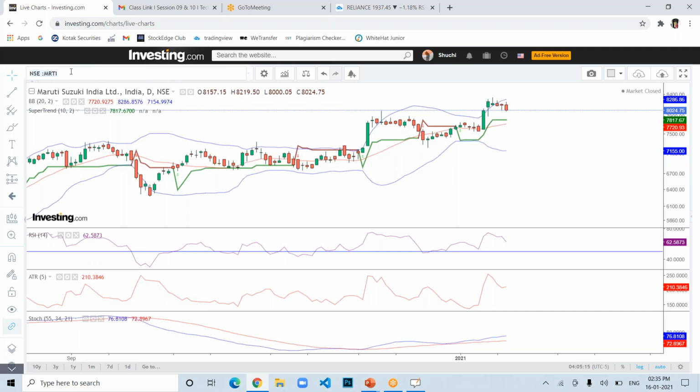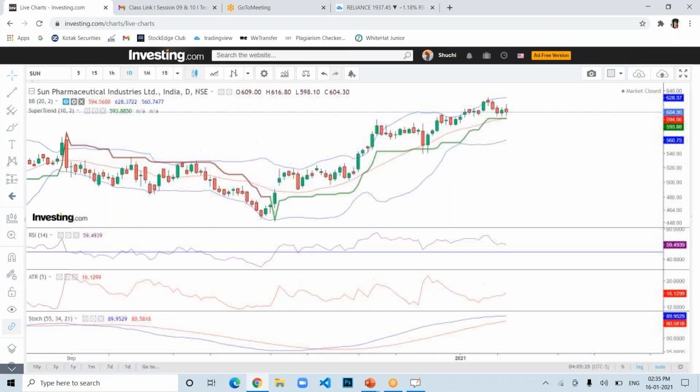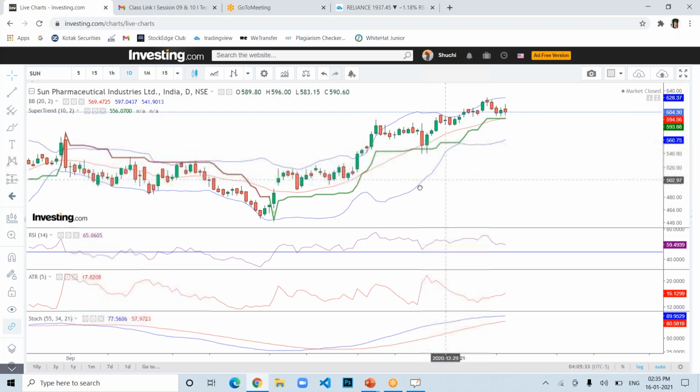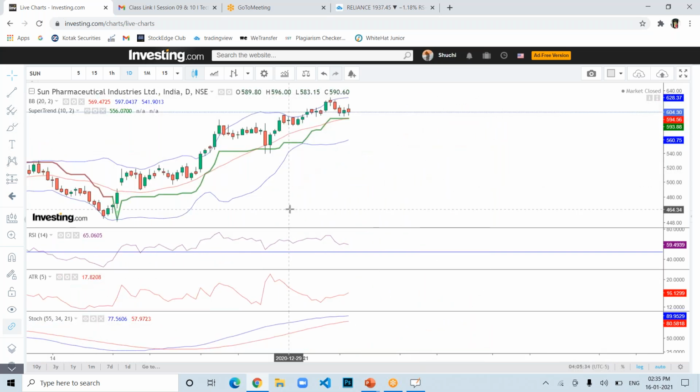So it becomes a BTST trade basically. Now look at Sun Pharma. Let me show you. It was a very, very recent one.